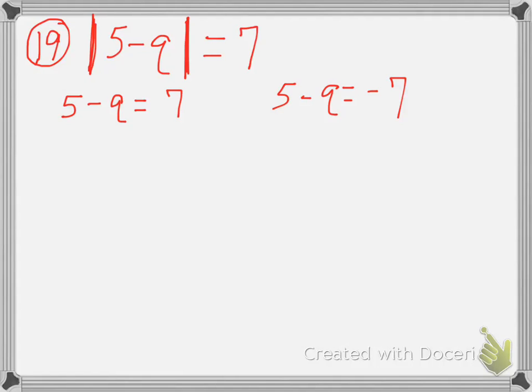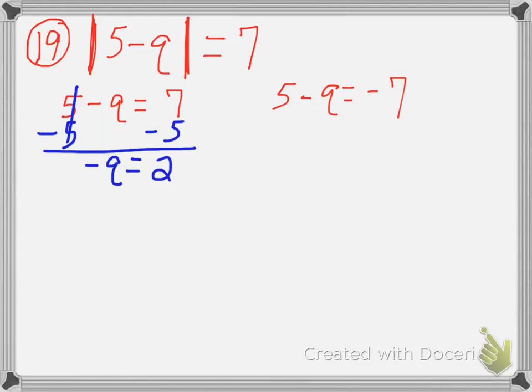So now I'll work each of these. I'm going to start with this one, get rid of my addition and subtraction first. So that's a plus 5, so I'm going to go minus 5 from this side, minus 5 from this side. The 5's cancel, leaves me with a negative q equals 7 minus 5 is 2. Now it still has a negative. I don't want that negative, so I'm just going to change the signs.